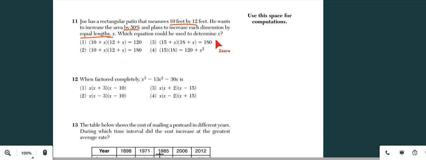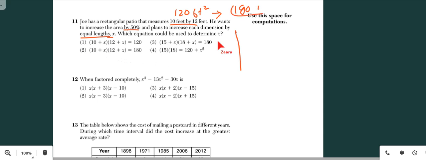Next, what it says: which equation could be used to determine x? So now we have to find x. First of all, it's a very interesting and very common question. What is the area of the patio? That is 10 times 12, which is 120 square feet, right? Then you have to increase it by 50%. That means the new area will become 120 plus 50% of 120. What is 50% of 120? It is 60. So 120 plus 60 is 180. Is this step clear?